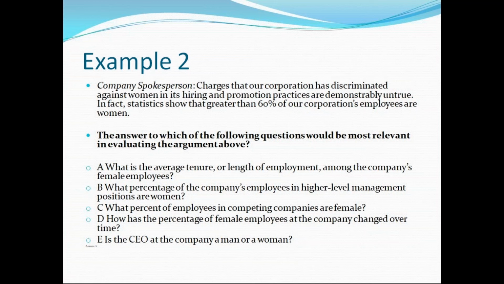The answer to which of the following questions would be most relevant in evaluating this argument? So it's asking us to evaluate the conclusion, evaluate the argument. And the argument is that because 60% of our company's employees are women, that means that we cannot be discriminating against women.